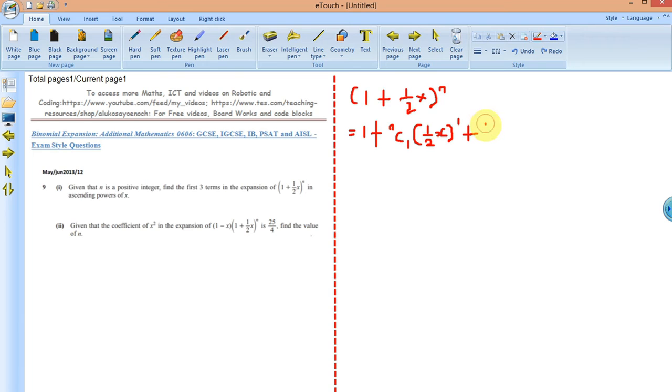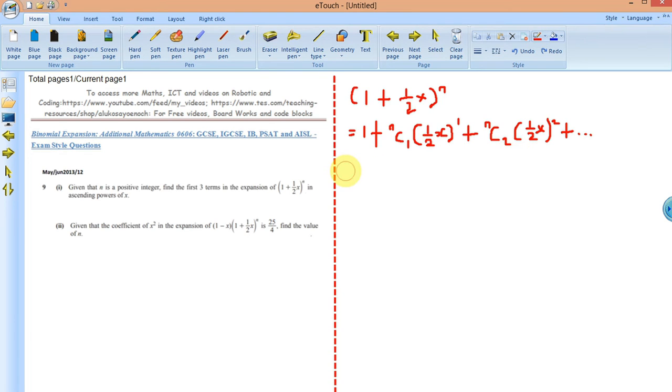So I can just continue with the second term. So n combination 2, half x, that x is too big, don't mind me. Half x, then squared. Then you continue like this indefinitely. But I want the first three terms, so this is the first term, second and third.